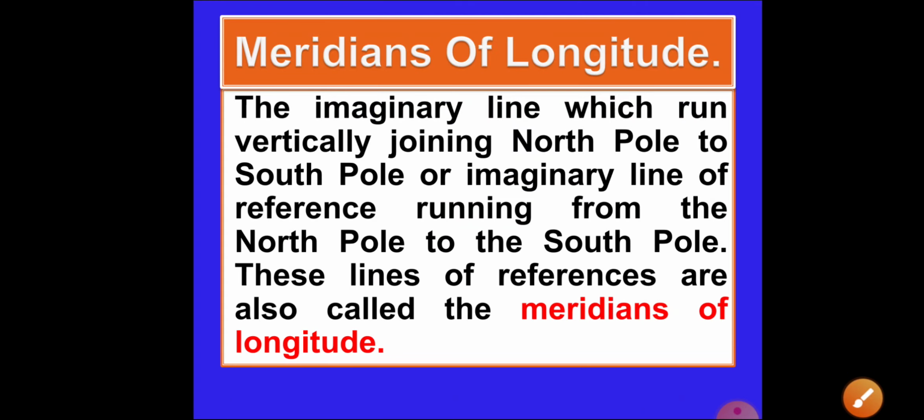Here I am explaining that imaginary lines which run vertically joining North Pole to South Pole are called meridians of longitude. Here you have to understand the 0-degree longitude.